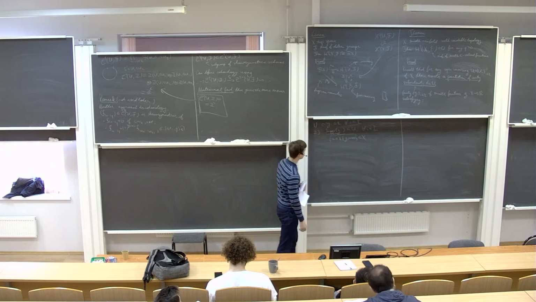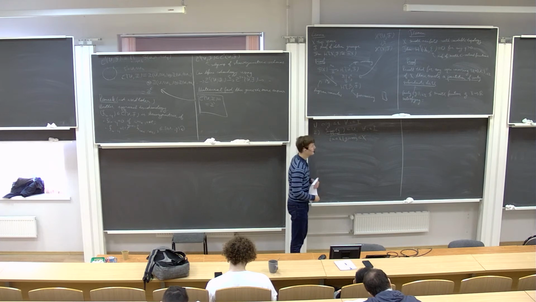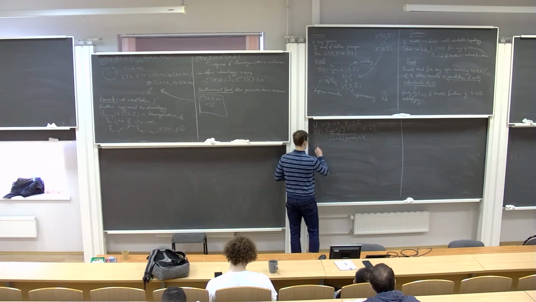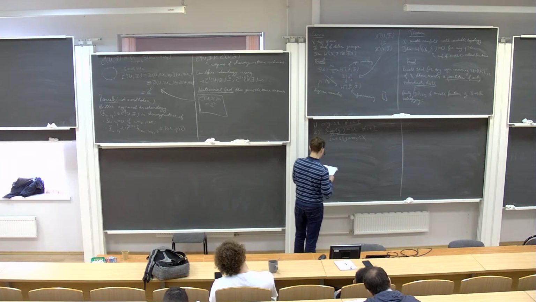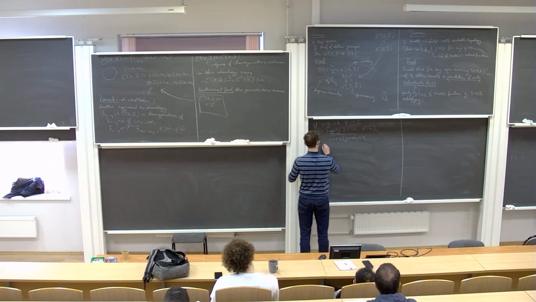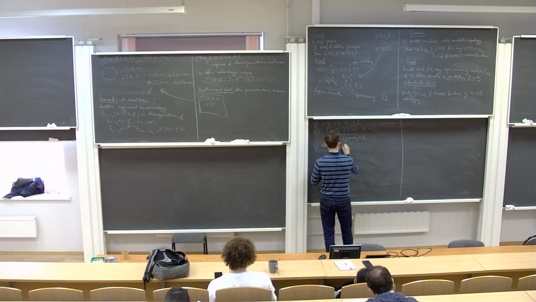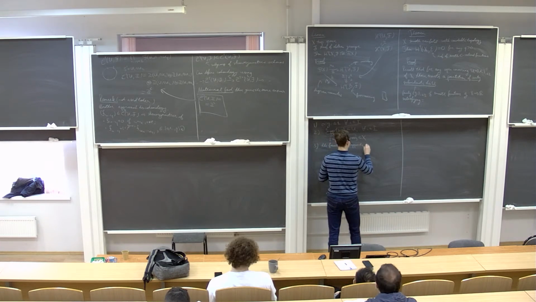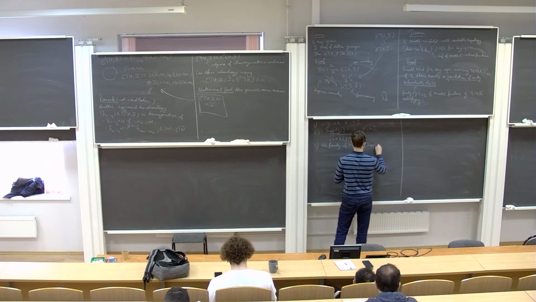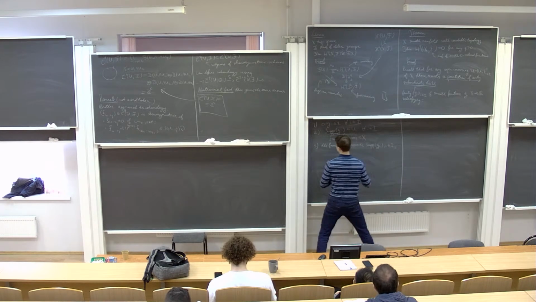So the support of the function is the closure of the set of points where it is non-zero. And the family of supports is locally finite.